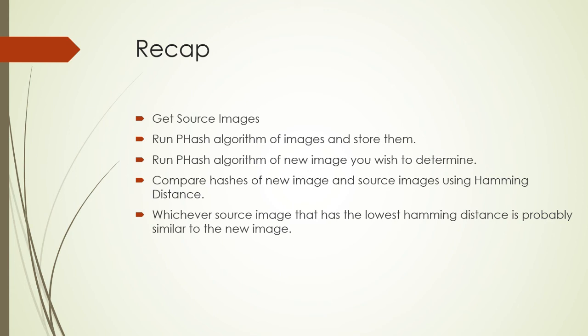So I hope you learned a lot about how image comparisons work and how perceptual hashes work. Like I said, there are other different hashes that you can use that are faster and less computationally intensive, but I personally need a lot of accuracy in mine, and this is probably the most accurate way to do it. Thank you and have a good day.